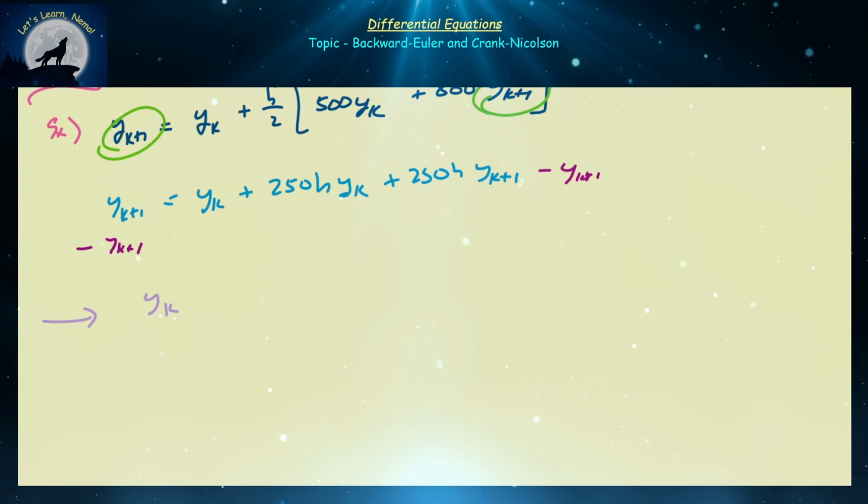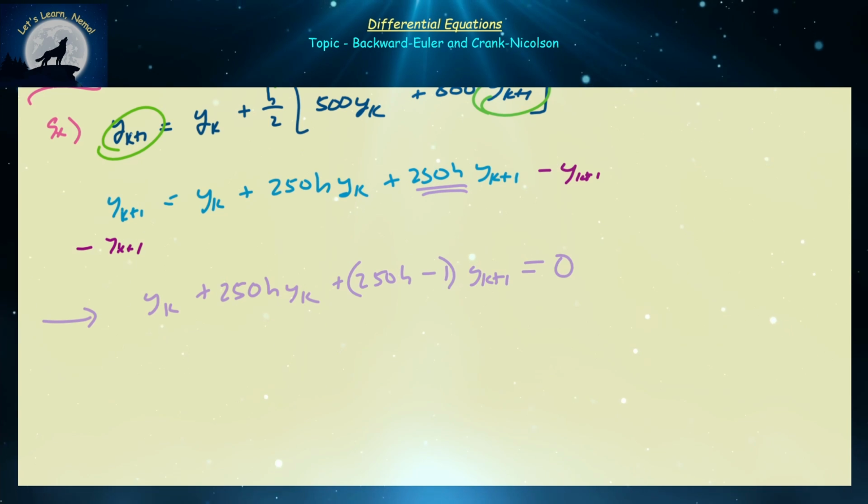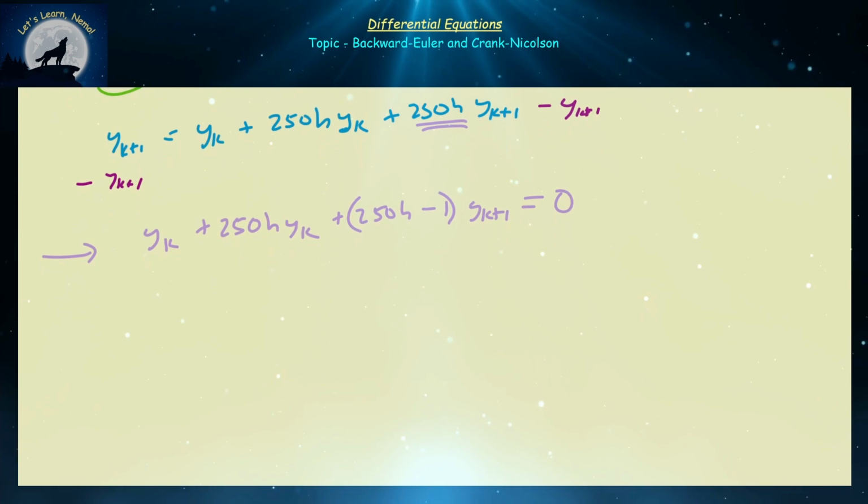So we're going to have y_k plus 250h y_k, and then now keep in mind, that's not 250 minus 1, it's 250h minus 1. Don't forget that little h that's hanging out there. So it's going to be 250h y_k, and then we can write this as (250h minus 1) y_{k+1} will be equal to 0. All right.